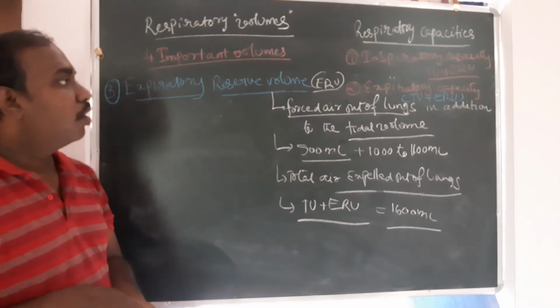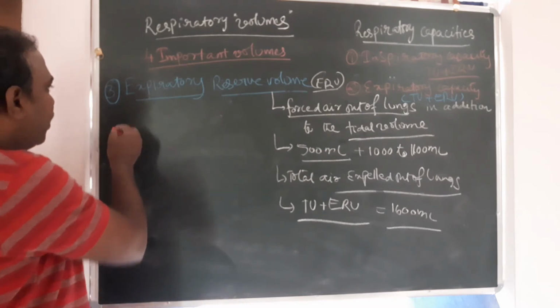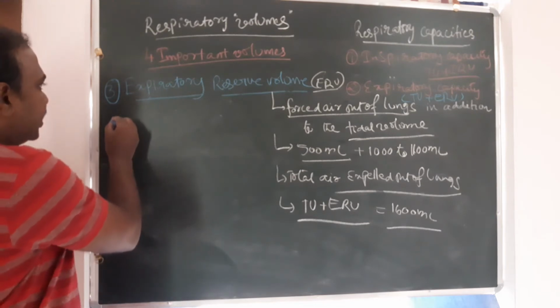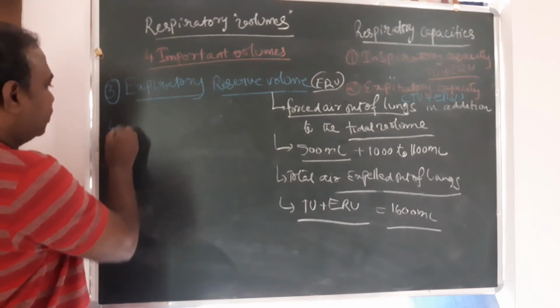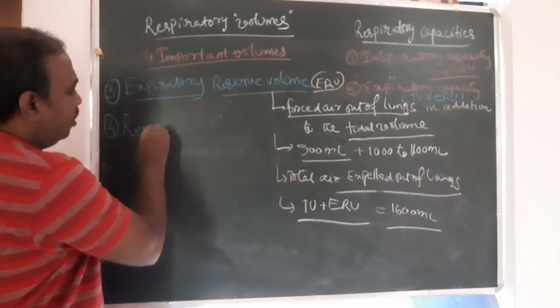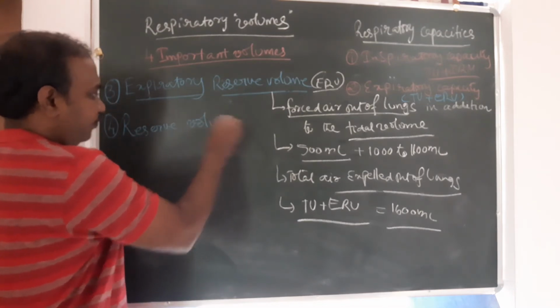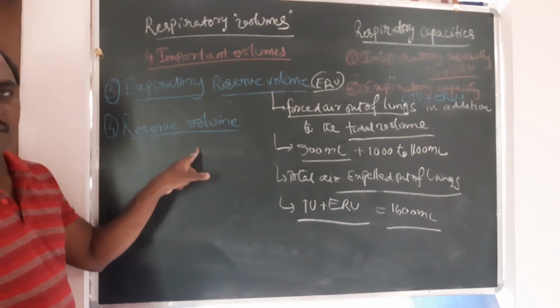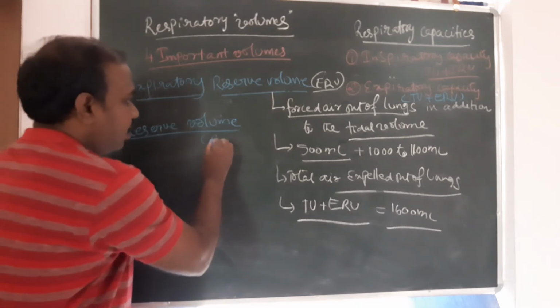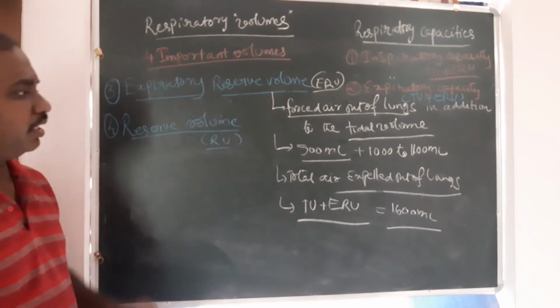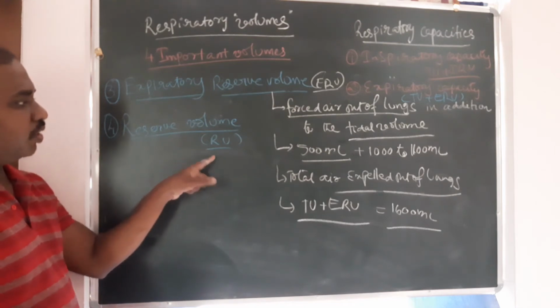What is one more volume that we have? One more volume that we have is the residual volume, simply RV. What is this RV?